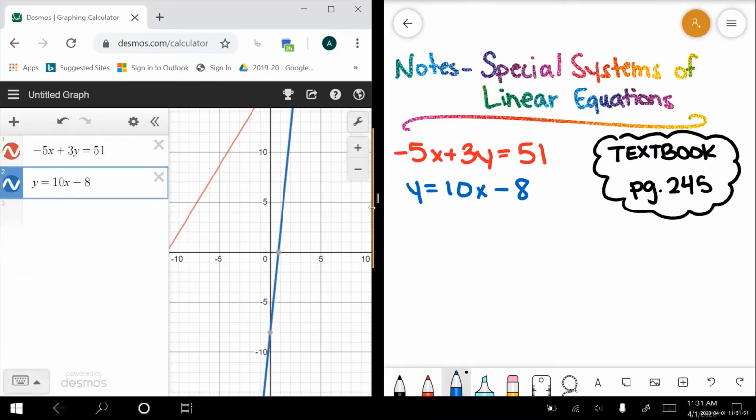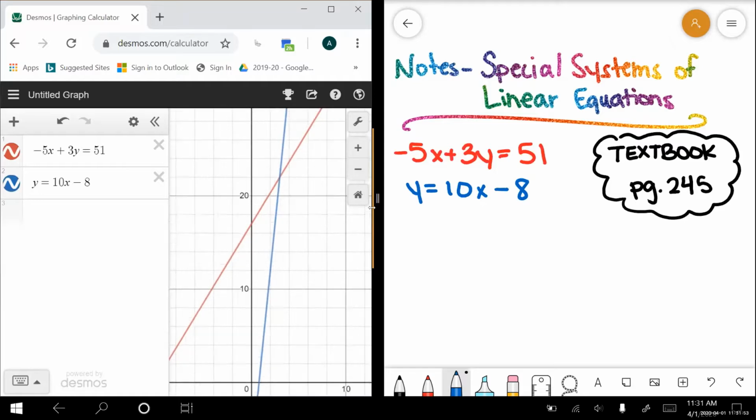From our work with systems so far, we know that we're looking for this point of intersection between the two lines, the red line and the blue line, which, lucky for me, Desmos color-coded with the equations I wrote on the right. So when I use the substitution method, my answer to this system should be the ordered pair (3, 22).